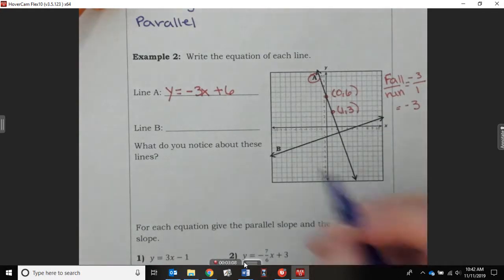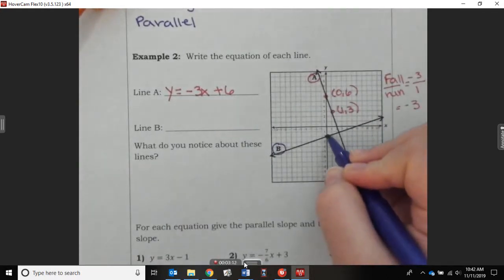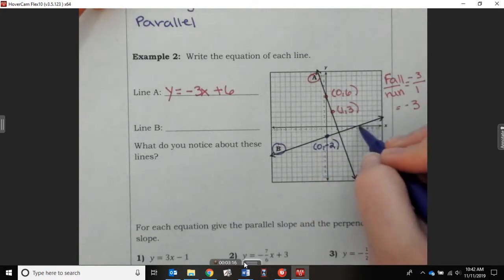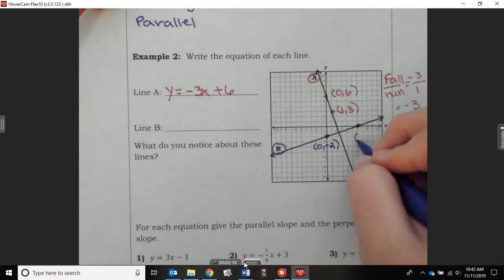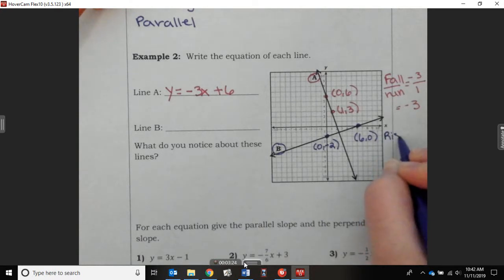All right. Line B. If I pick 2 points on my line, I have my y-intercept here, which is 0, negative 2. And I have my x-intercept over here, which is 6, 0. So this time I'm going up, so I'm going to be looking for my rise over my run.